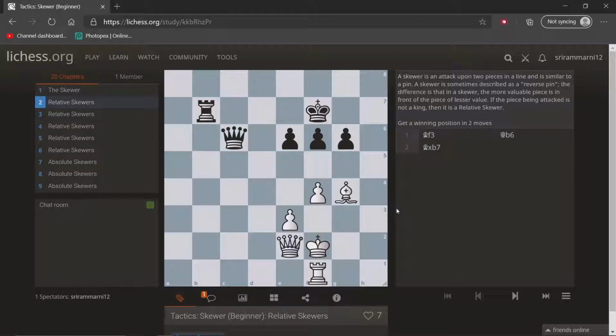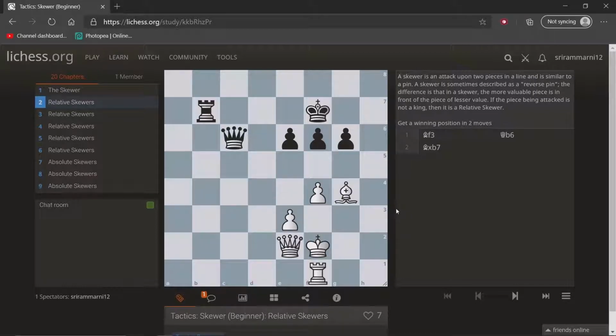Without further ado, let's look at some examples of skewers. So first, let's define what a skewer is. A skewer will always have three pieces involved. One piece is the piece doing the skewer. The second piece is a high value piece, which is being skewered.